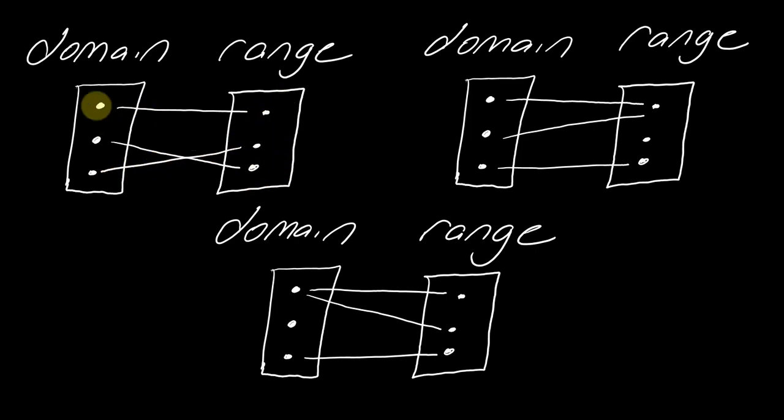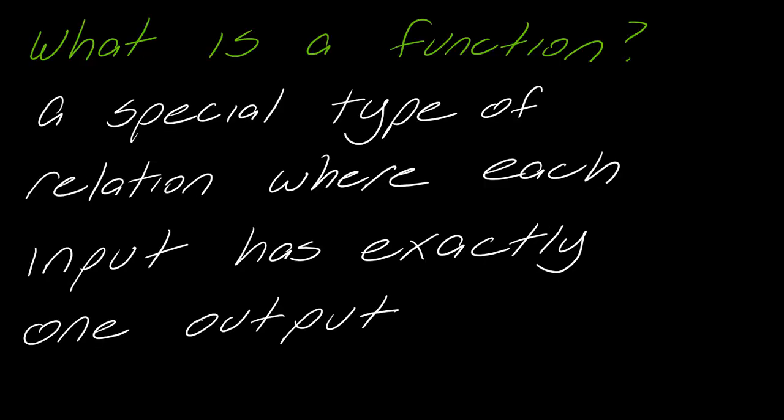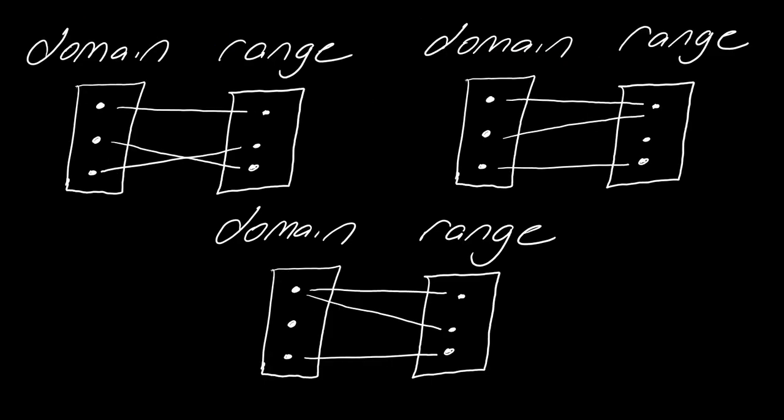In this case, each input goes to exactly one output. If you remember, that is what a function is. It's a special type of relation where each input has exactly one output. So this would be a function.